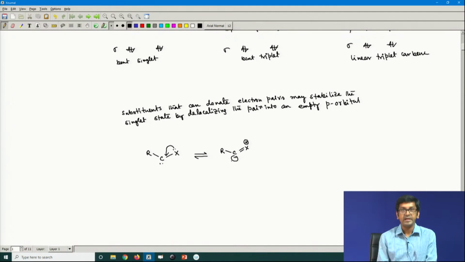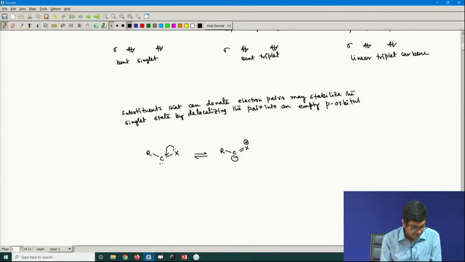Now, if the energy of the singlet state is sufficiently reduced, it will be the ground state. After donating these extra electron pairs into the vacant p orbital, the energy of this singlet state is sufficiently reduced, and of course then it will be the ground state.